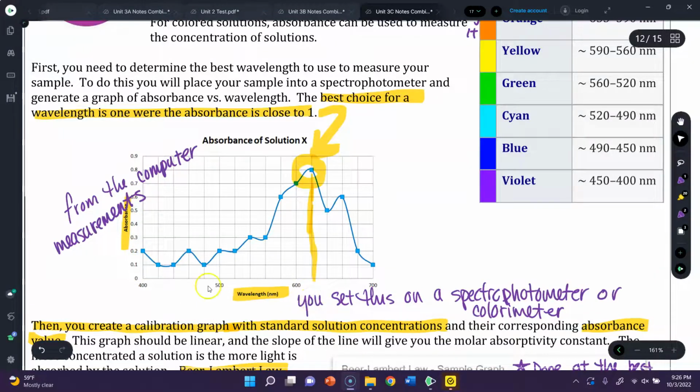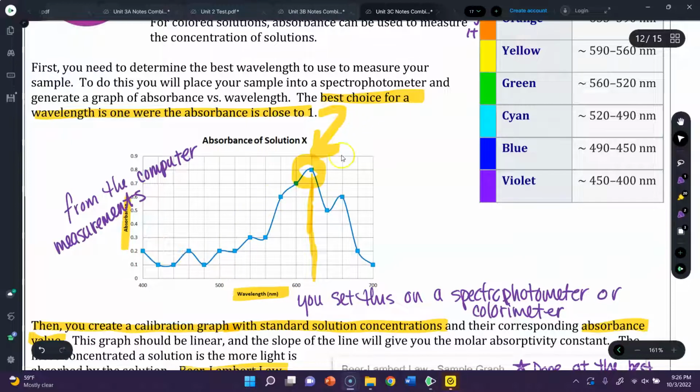Your independent variable is wavelength, so you are the one that is setting this on the colorimeter. You're telling the colorimeter or spectrophotometer, hey, put out light in these wavelengths. And then it will detect the absorbance and plot it for you.